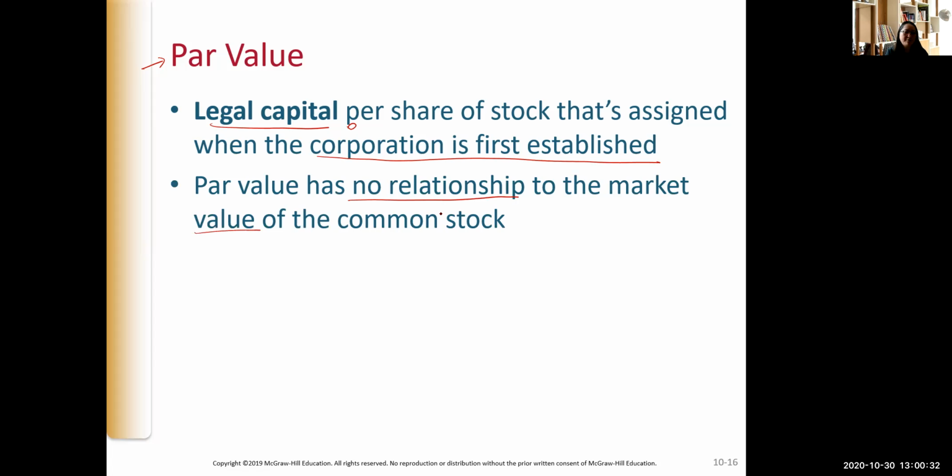For example, Facebook's common stock has traded at around $100 since 2015, but the par value of the Facebook stock is actually 0.000006 per share. So par value has nothing to do with the market value of the stock.